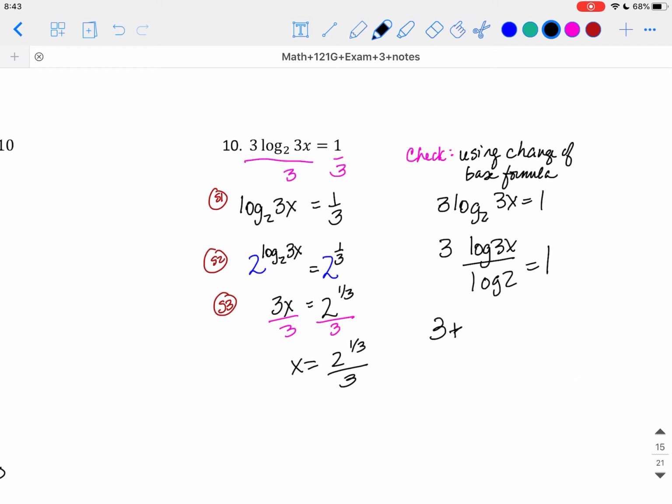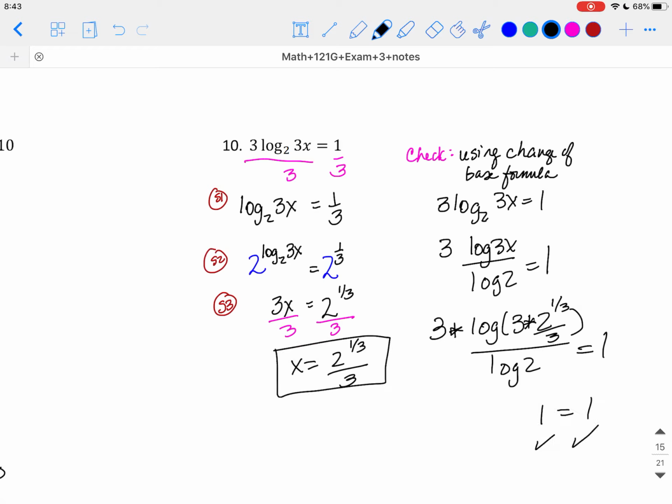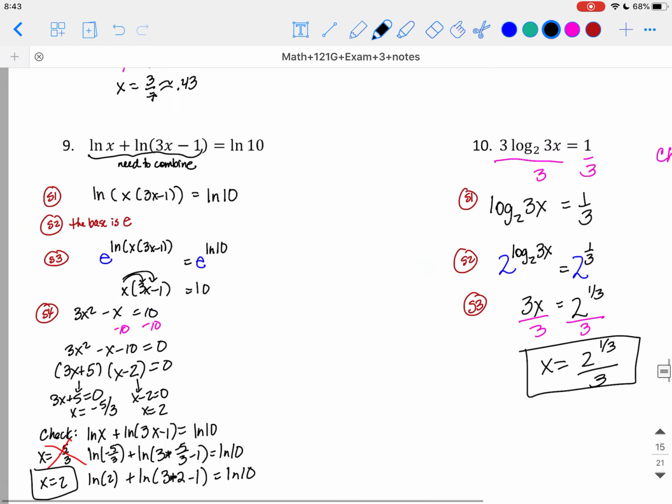And so in the calculator I put 3 times the log of 3 times 2 to the 1/3 over 3, and then over the log of 2. And I did, in fact, get 1. So this is my exact answer. You can get a decimal approximation.